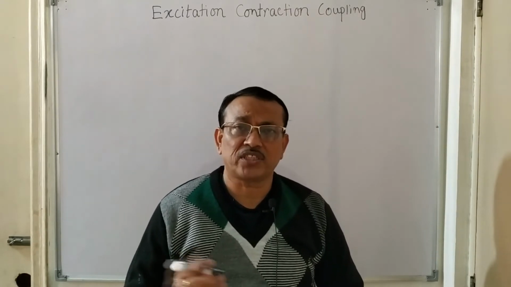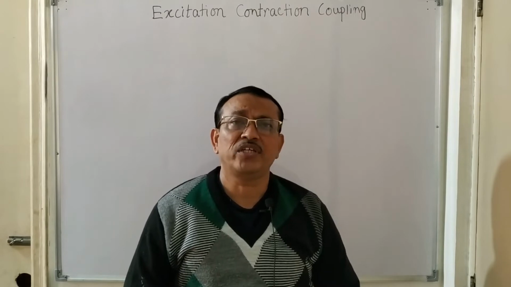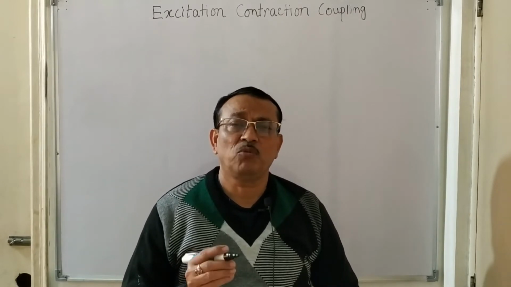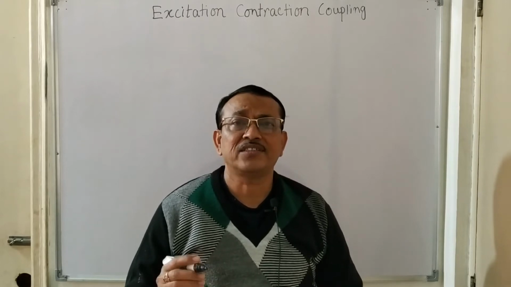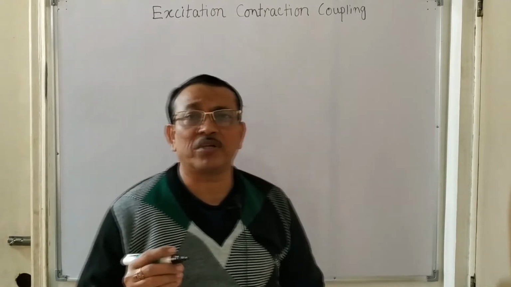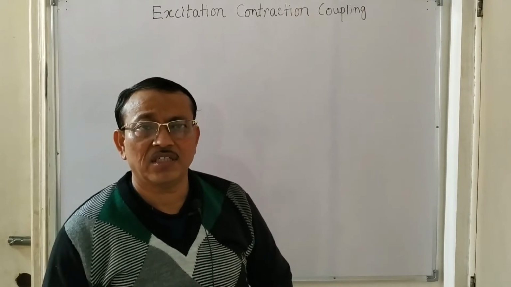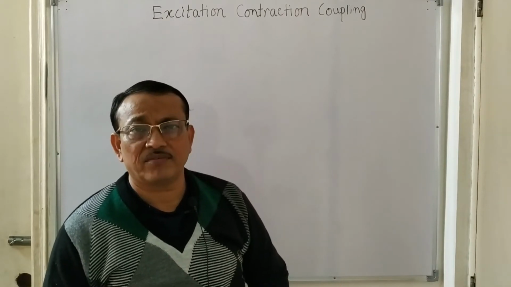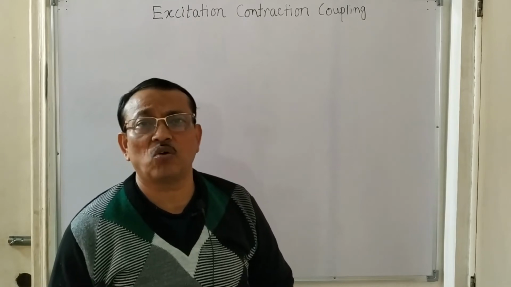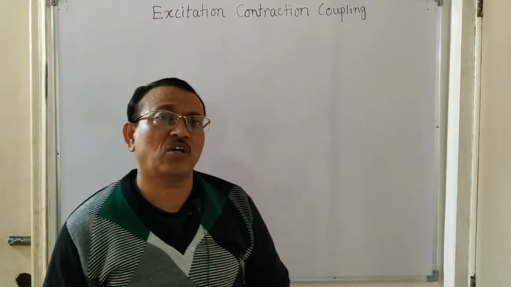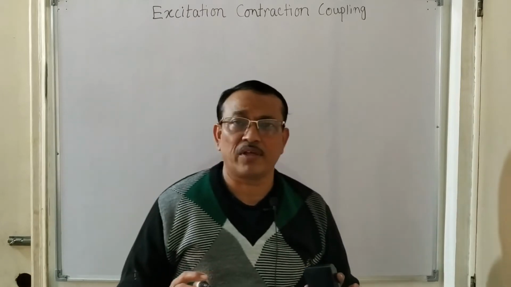This is the process in which the stimulation of the motor neuron leads to the excitation of the muscle membrane, that is the sarcolemma, and that process is known as the neuromuscular transmission, which I already talked about.